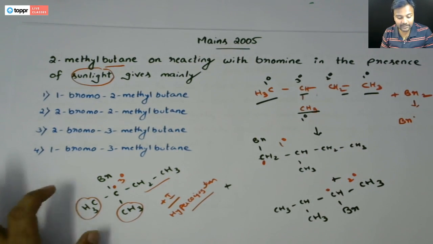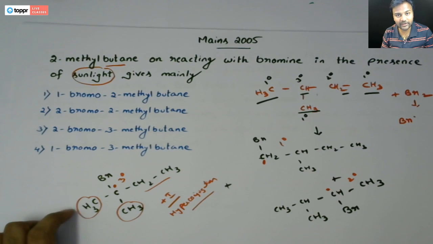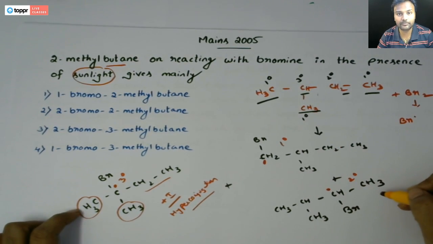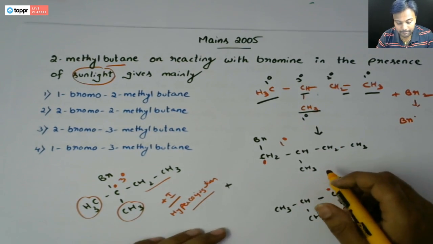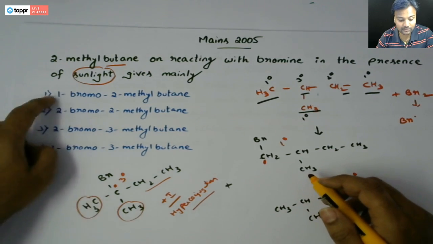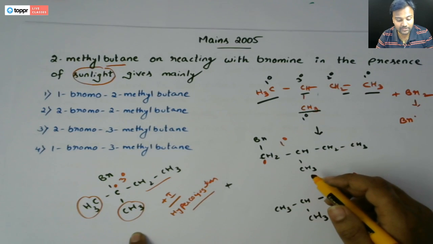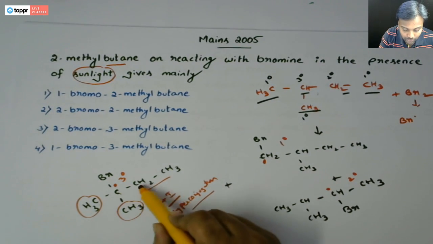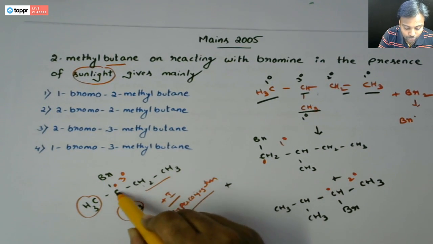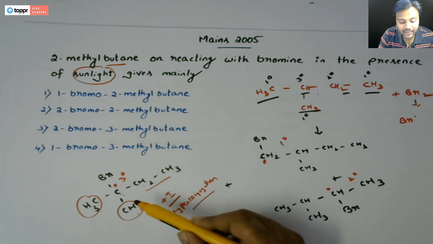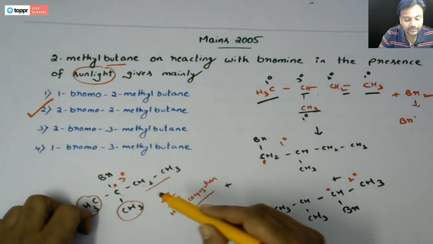So I expect this compound to be formed because of the stability of the free radical, not the first or second, right? So what is the name of this compound now? Because you have been given the IUPAC names, not the structures. Write down the name of this compound. It's 1, 2, 3, 4: 2-bromo-2-methylbutane. Where is it? It is here.